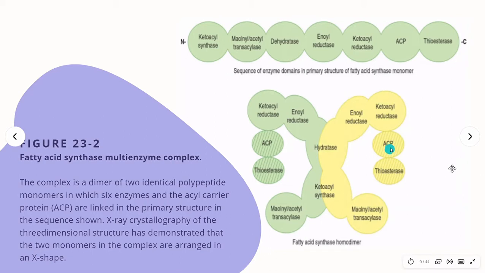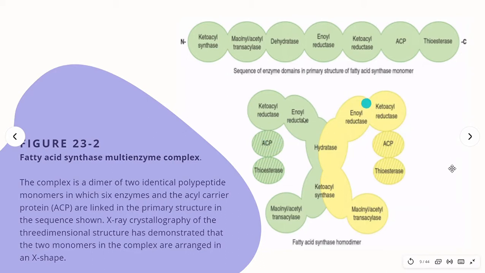And you have these enzymes: 1, 2, 3, 4, 5, 6. Now, if you include the carrier protein, it makes it 7.